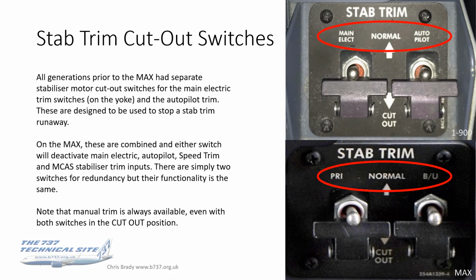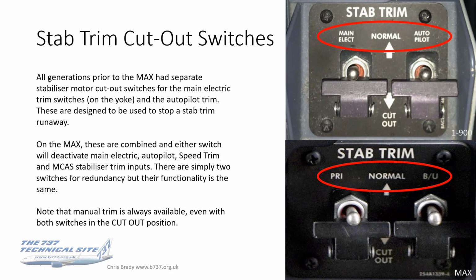And these switches you'd be directed to use from the QRH in the event of a stab trim runaway. There isn't actually a procedure which calls for them to be used individually, but if you're troubleshooting, if you need to, then on all generations prior to the Max, you were able to isolate one or the other.